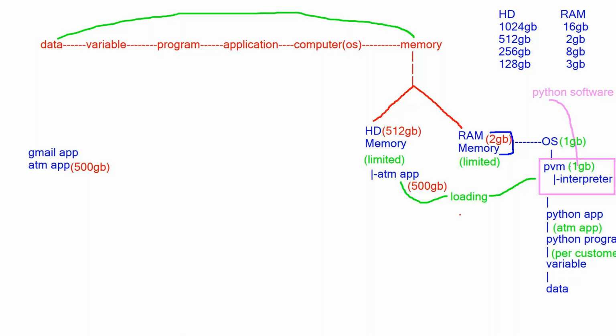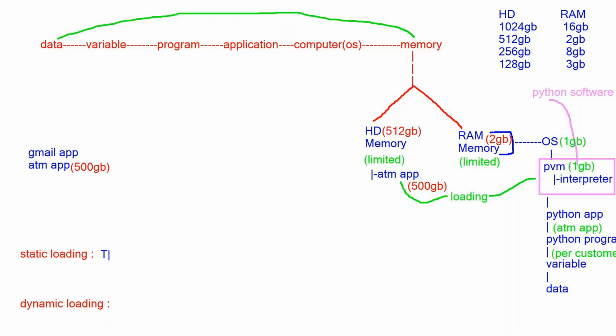That's where there are two types of loading. Python will follow two types of loading: static loading and dynamic loading. So what is static loading?